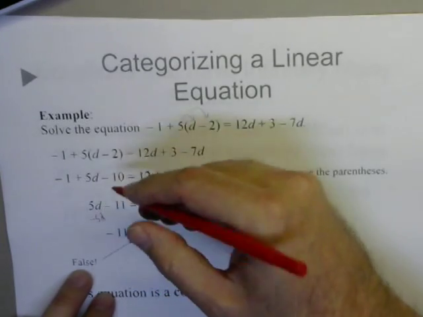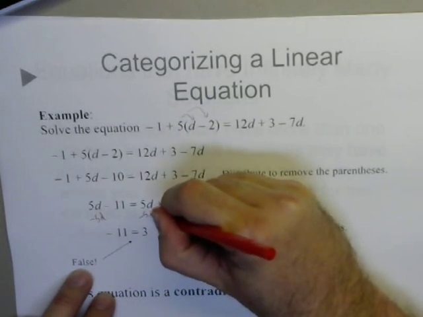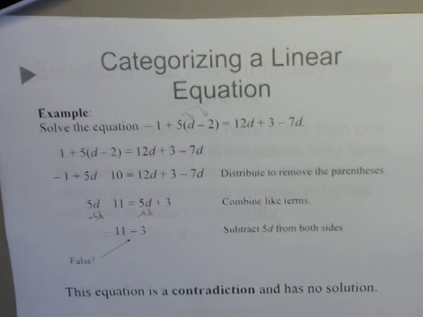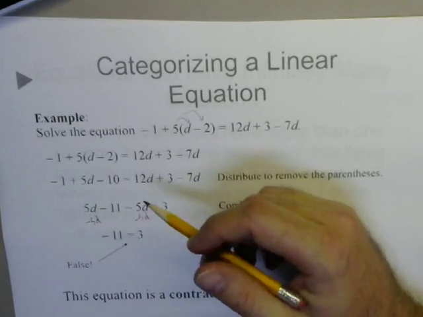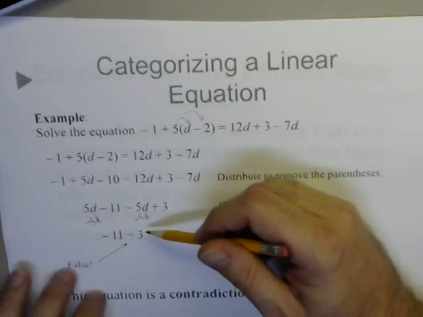But you'll notice in this case something kind of weird happens, which didn't happen in a conditional equation. When we were solving conditional equations, the variable didn't disappear. For example, in this one we had an x at the end. But here the variable disappears, and we get negative 11 is equal to 3.